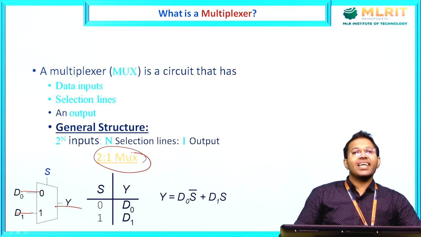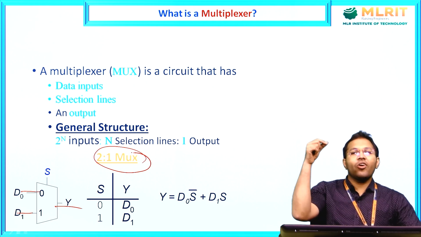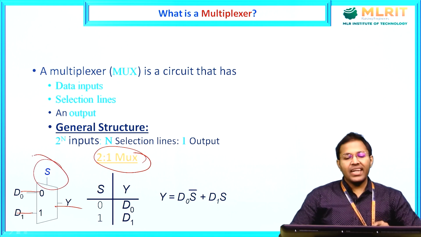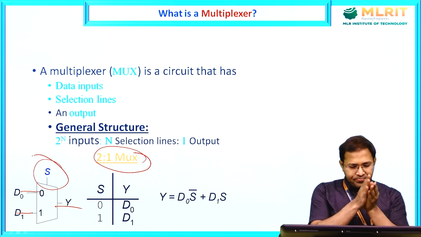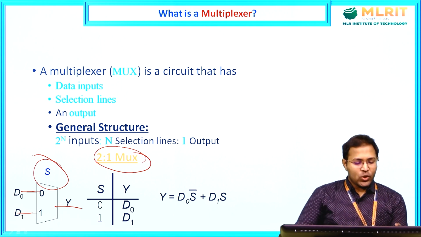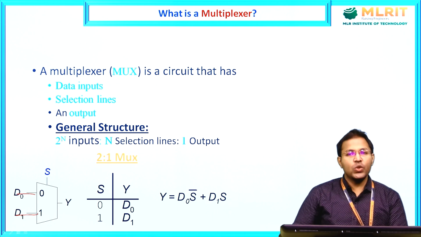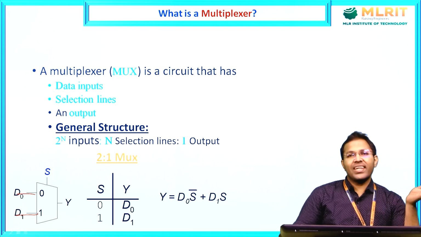Likewise, in the case of the electronic component multiplexer, we have selection lines. Suppose there are only 2 signals, like in this case; then the choice that the user has to make is very simple.